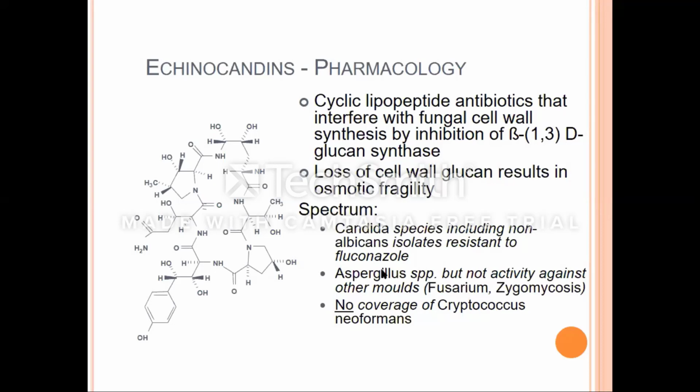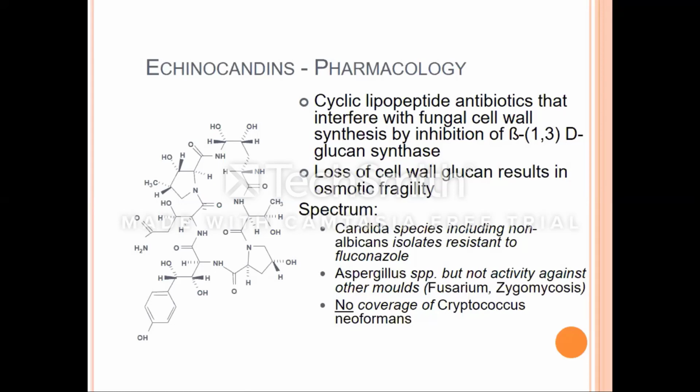Candida, including non-albicans isolates, which are generally found to be resistant to fluconazole, can be treated with this drug. Aspergillus, but it is not effective against other mold infections like Fusarium or zygomycosis, and it even doesn't cover the fungal infection of cryptococcus.